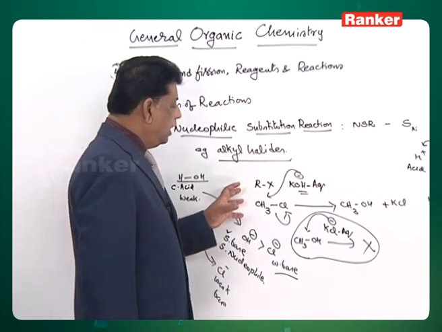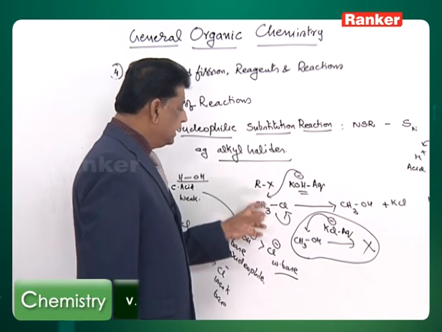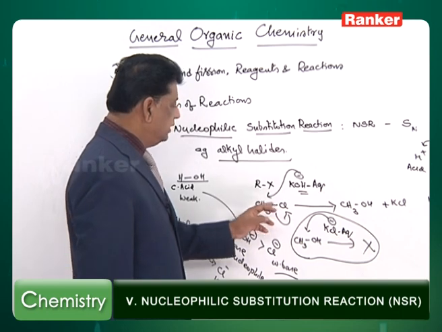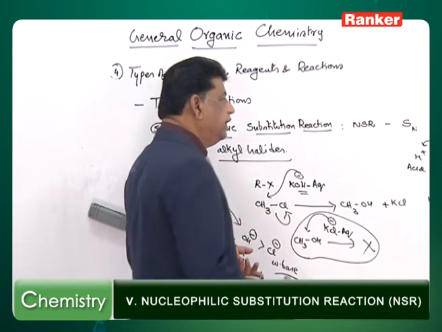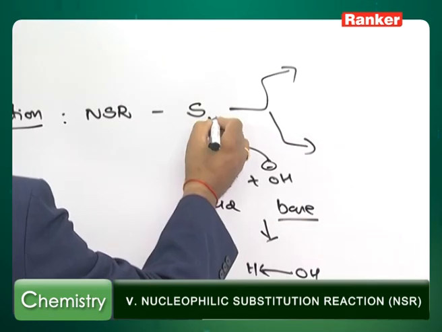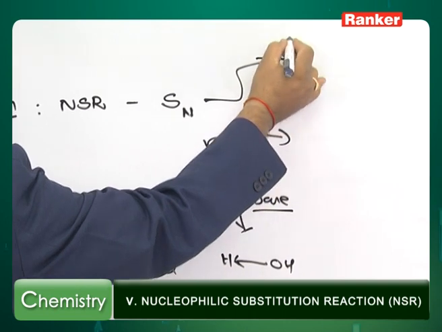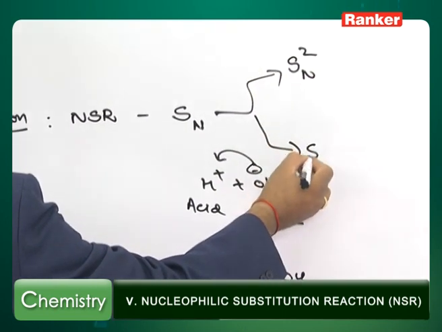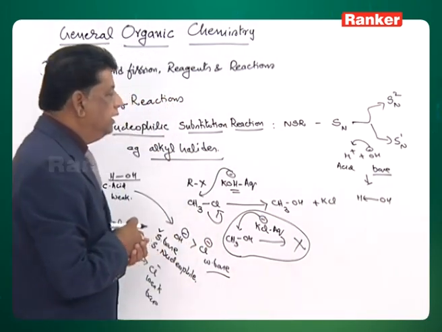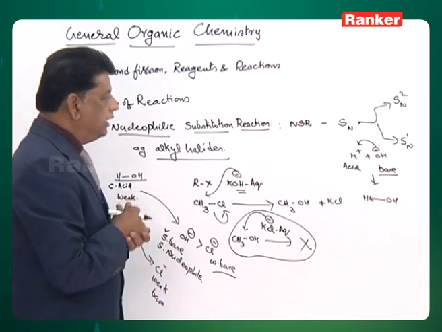So, how the reaction takes place and what exactly the mechanism is, that is the classification of nucleophilic substitution reactions. Further, based on the kinetic approach, nucleophilic substitution reactions can be classified into bimolecular nucleophilic substitution and unimolecular nucleophilic substitution, based on how many reactive species are involved in the rate determining step.